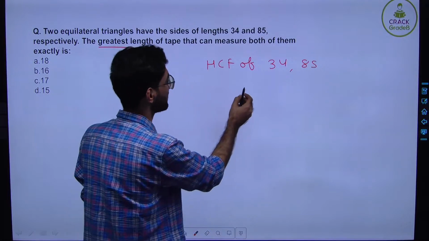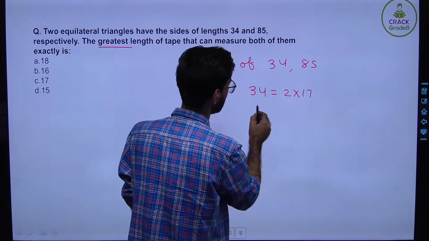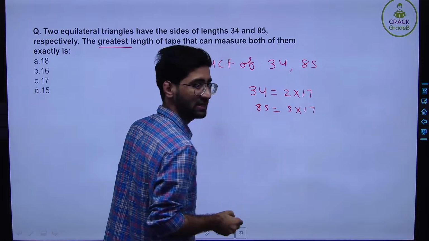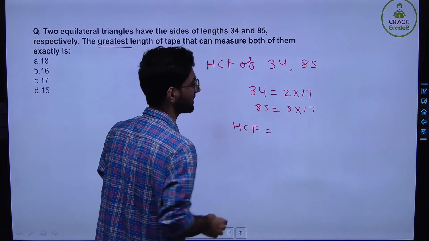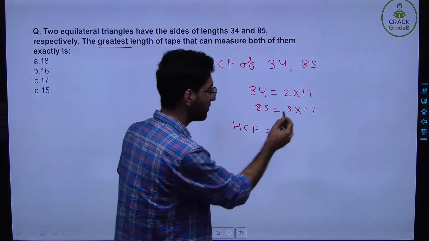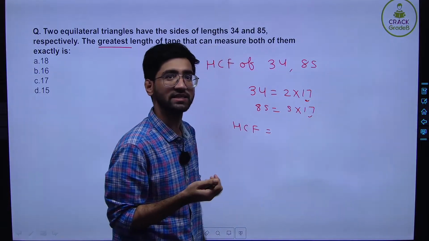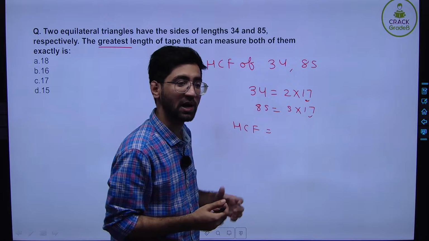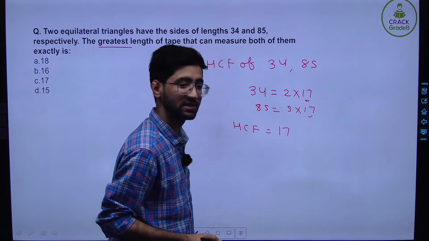See, you can write 34 as 2 into 17, or you can write 85 as 5 into 17. So obviously, to find the HCF of 34 and 85, we will look at the common 17 and 17. Then we will take the minimum power, but in both numbers, the power of 17 is 1. So obviously, HCF will be 17.